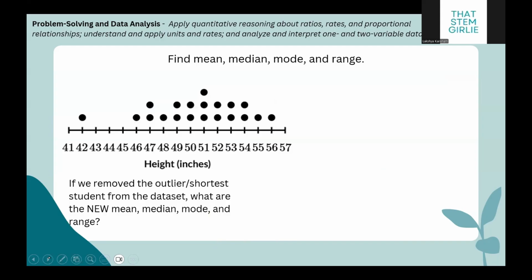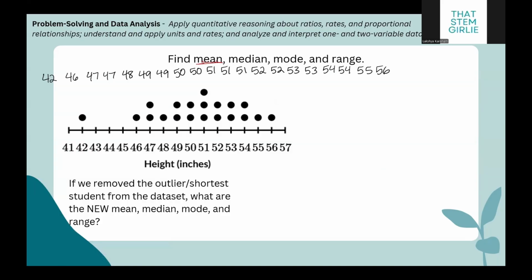So here is how I would deal with this, right? In your list of chronological numbers, I would literally go from left to right and start writing them out. So it wants us to find the mean, which is the same thing as before. But when you have multiple repeats of multiple items here, instead of just blindly adding each individual number, I would say, okay, there's 41, 42, but then there's 46, right? But then there are 2 47s, which means this is the same thing as doing 2 times 47.